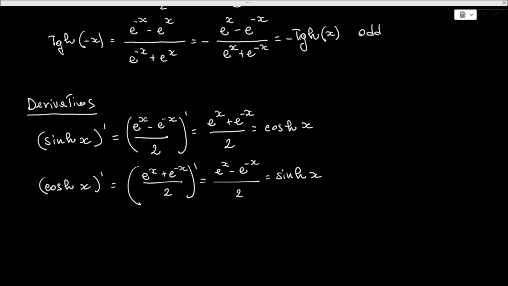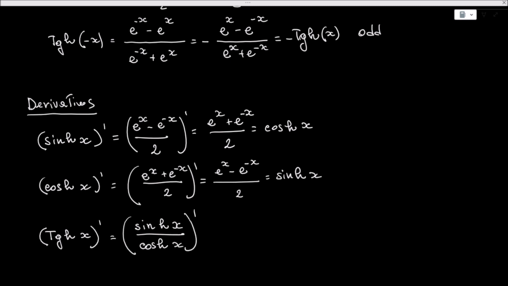Finally, if we take the derivative of the hyperbolic tangent of x, remember that this is the derivative of the ratio between the hyperbolic sine of x and the hyperbolic cosine of x.